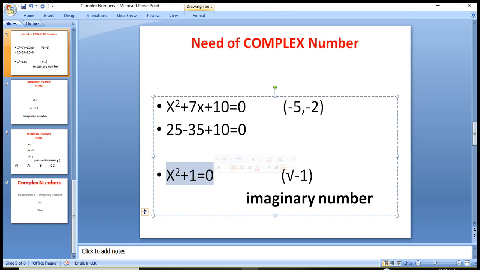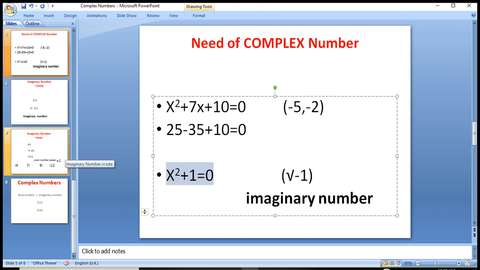In this equation, x square plus 1 equal to 0, real numbers are not giving us a solution. Putting any real number, we are not getting zero answer. So if we put under root minus 1, then it comes to 0. So under root minus 1 is called an imaginary number.